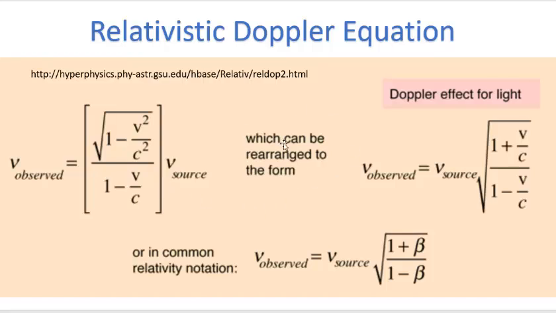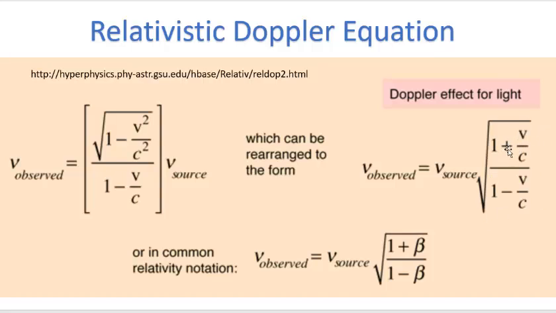But this can be rearranged to look like this. And so maybe this is a little more elegant than this, I don't know. This can alternatively be written. These two equations are exactly the same, they're just written differently. And so this one is correct as well.